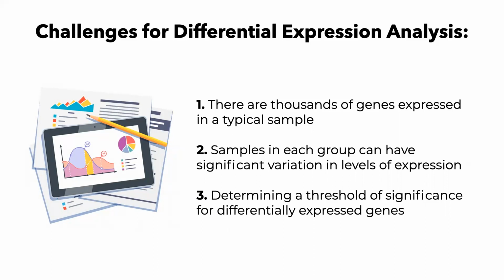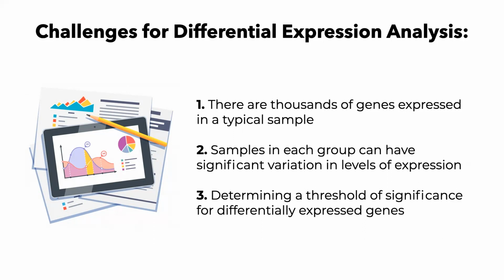So here we have thousands of genes expressed in a typical sample, maybe 20,000 like we saw in our previous example. In this case, we have two different genomes, the mouse genome and the human genome, so it could be as many as 60,000 genes.